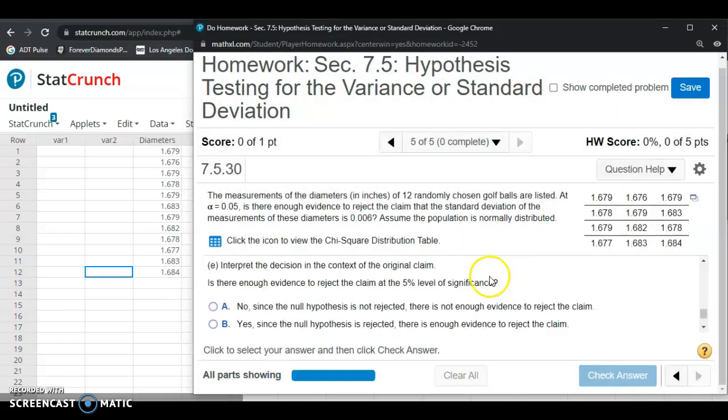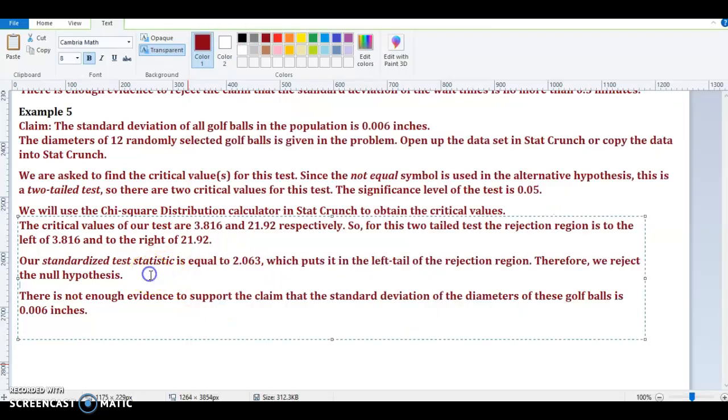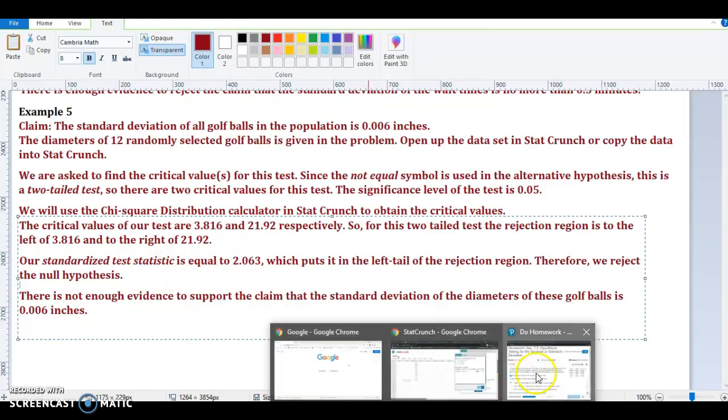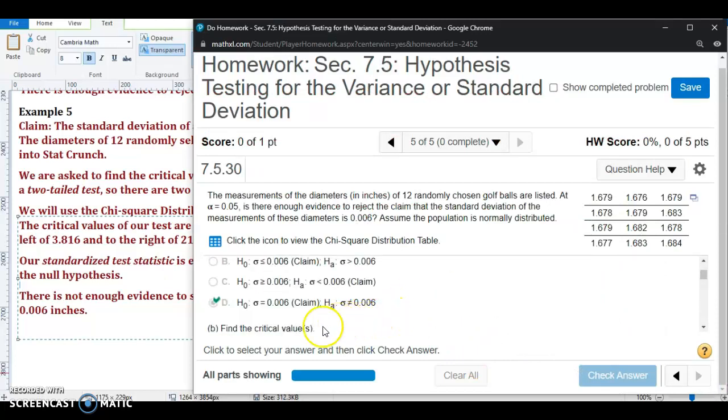And then lastly, we're going to interpret the results. We've already determined that we rejected the null hypothesis because the test statistic is in the rejection region. So remember, the claim was that the standard deviation of the diameters of these golf balls is equal to 0.006 inches.